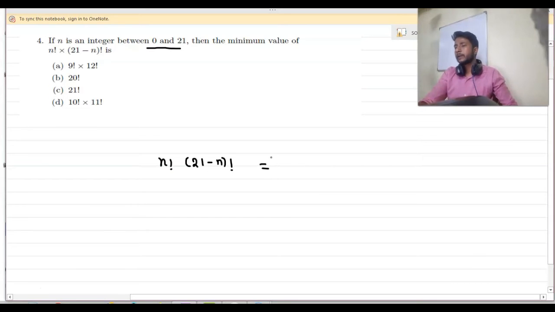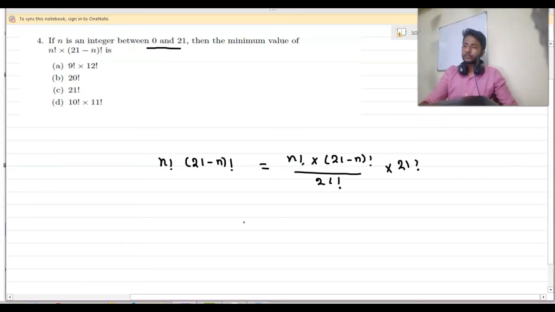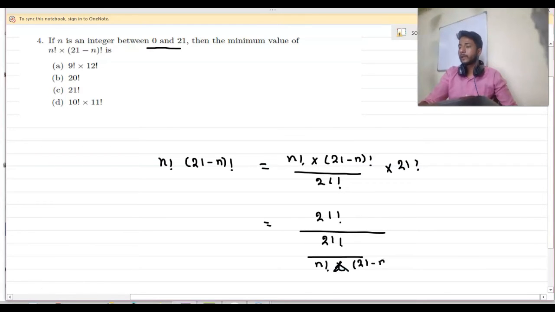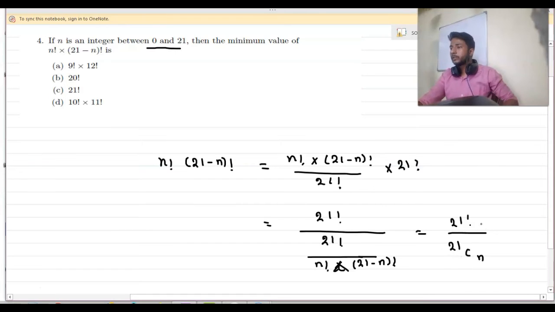What we can do is write this as n! × (21 − n)! / 21! times 21!. So we can write this as 21! / (21! / (n! × (21 − n)!)), that is 21! / 21Cn.